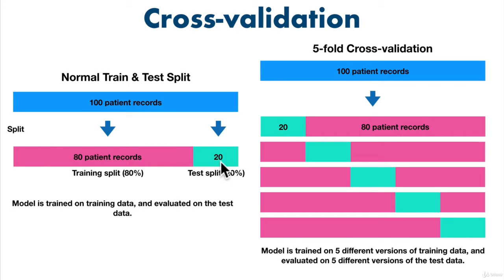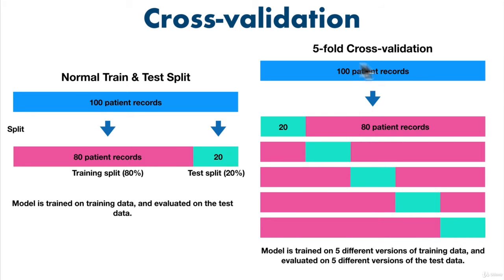Is that a true reflection of how our model would understand the data or figure out the patterns in the data? Well, not really, right? Because it's just luck, right? If we're just splitting this randomly and somehow a bunch of easy patient records have gotten here and the model's figured out certain patterns and it's gone over to this test data set and it's got an amazing score, we could be tricking ourselves. We could be fooling ourselves into thinking that our model is far better than what it actually is.